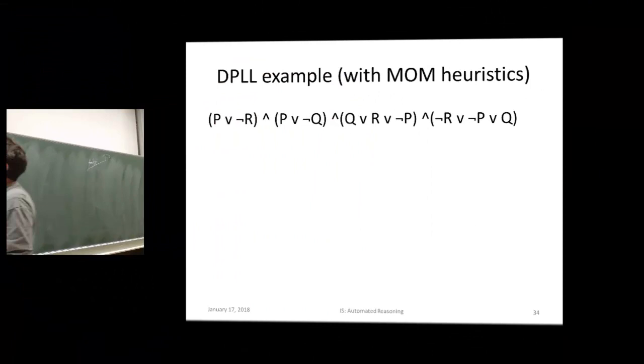The fourth one disappears. So this is all we have left: unit clauses. So it doesn't matter on which one we start. R is false. Q is false. Done.